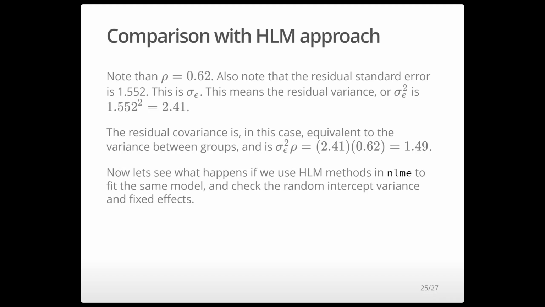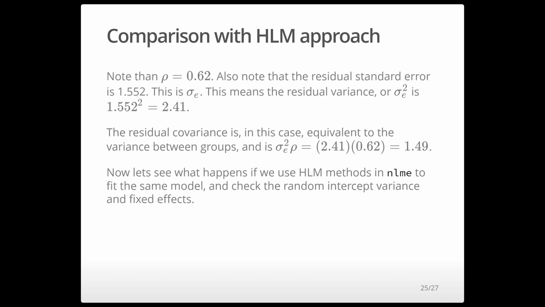So rho is 0.62. It was also cut off in those slides, but at the very bottom it noted that the residual standard error is 1.552. So this is sigma E. This looks like the matrix that we were looking at when we were looking at growth curve models. So essentially, this means that the residual variance in this model is 1.552 squared, which is 2.41.